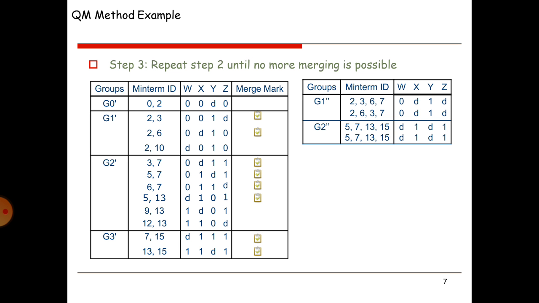So that is also similar data. Next is G2 double dash. In G2 double dash we have 5, 7, 13, 15. Next is 5, 7, 13, 15. So hereafter no more merging is possible.